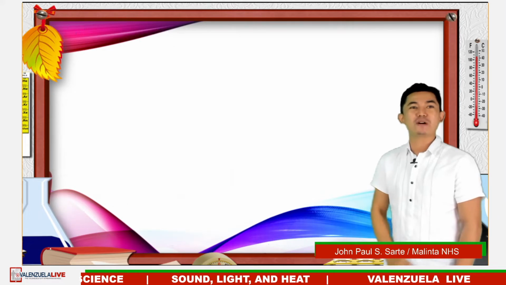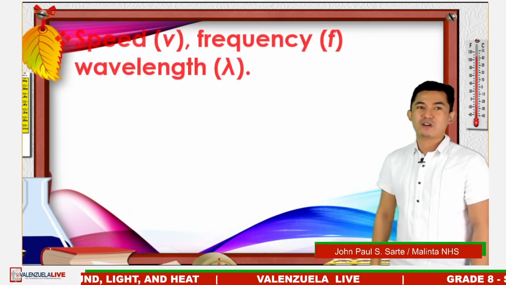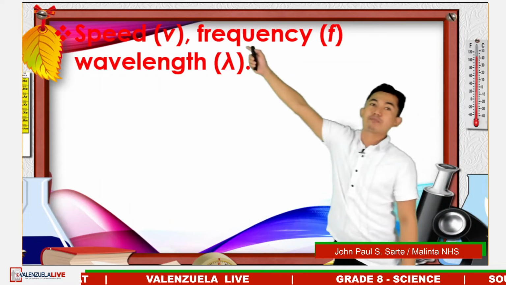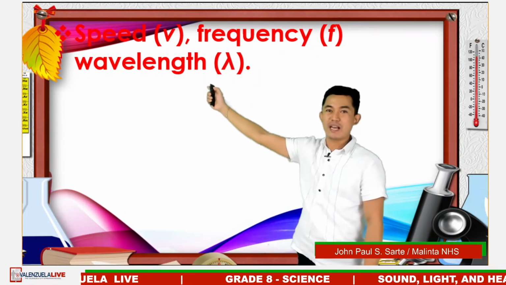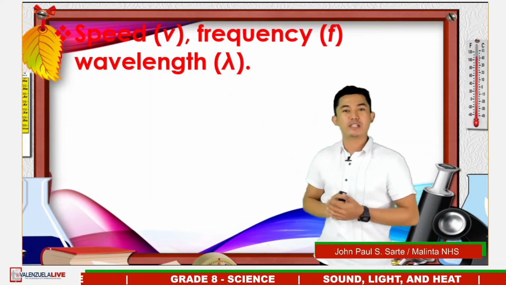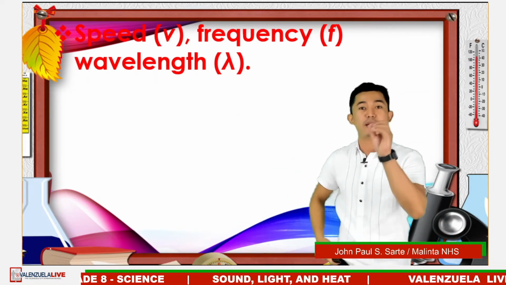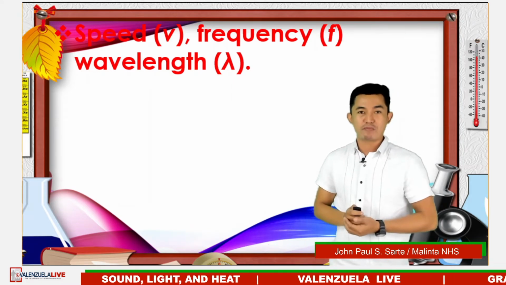Okay, let us move on now to the next slide. It is all about, again, those three words. We have the speed, the frequency, and the wavelength. So, class, I want you to take down notes of those words and symbols, because these are very important in order for us to compute something.